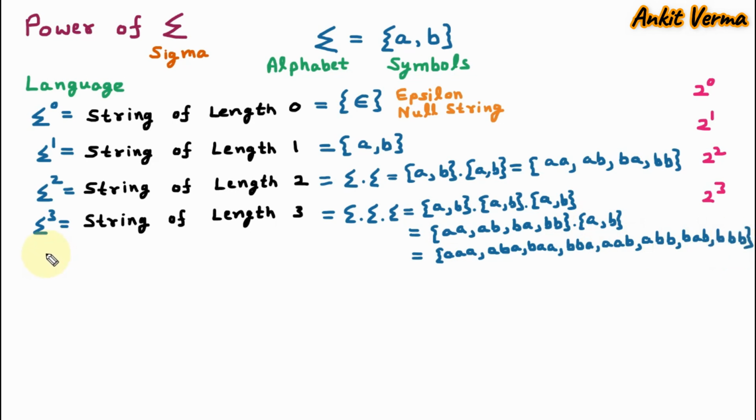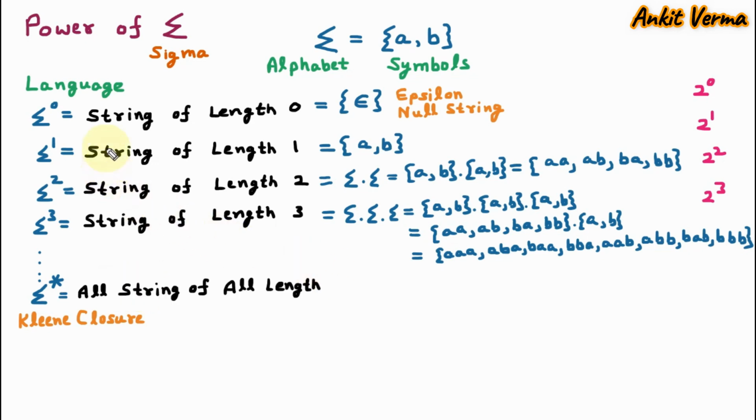In the similar way, we may have the languages sigma raised to the power 4, sigma 5, sigma 6, sigma 7 and so on, that can go till sigma star. This sigma star is known as Kleene closure, and it is the set of all possible strings of all lengths. So if we combine all the languages, they create sigma star.